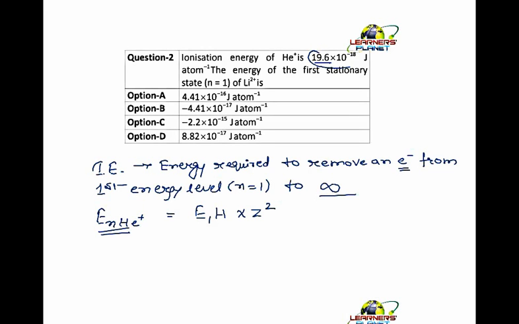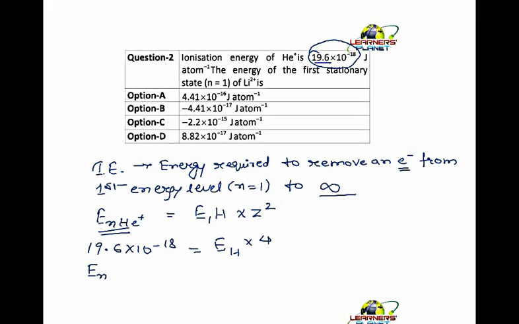It means that electron is possessing this much amount of energy. So what I can write here is 19.6 into 10 to the power minus 18 is equal to E1 of hydrogen multiplied by, what is the atomic number of helium? It's 2, so it is 4.